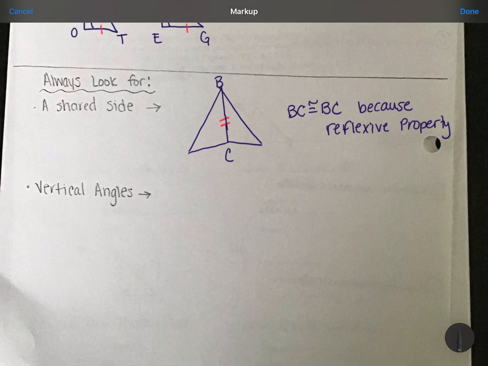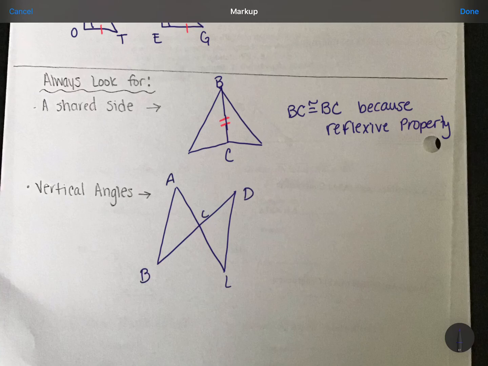Another thing that we can look for and that we're able to legally add is vertical angles. Remember we talked about vertical angles? Vertical angles happens when you have an X. And guess what? When we're working with triangles, X's will appear. So here you see two triangles, and I'm going to call this triangle ABC and triangle CDE.